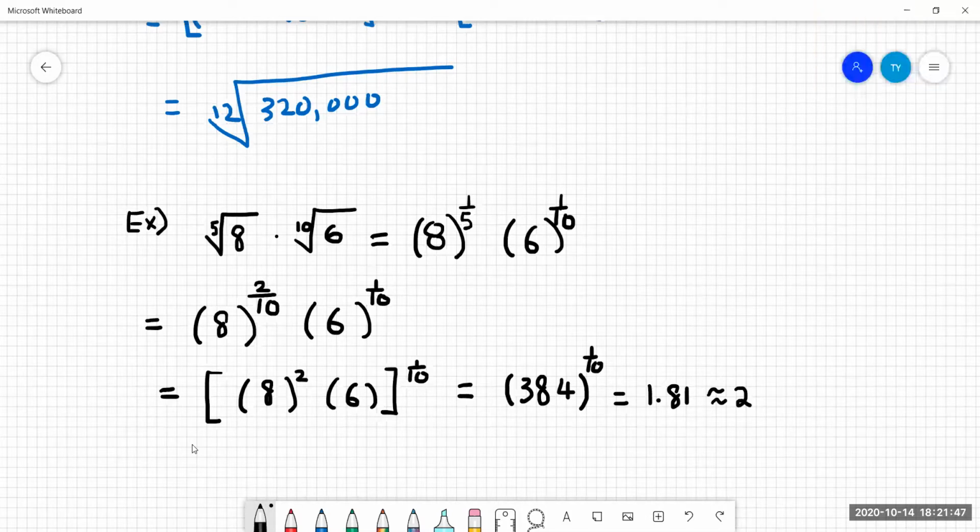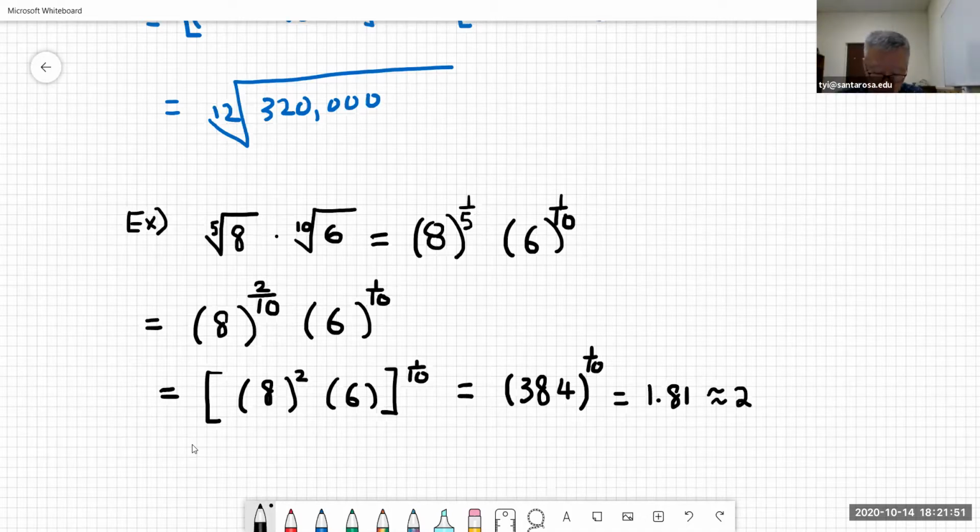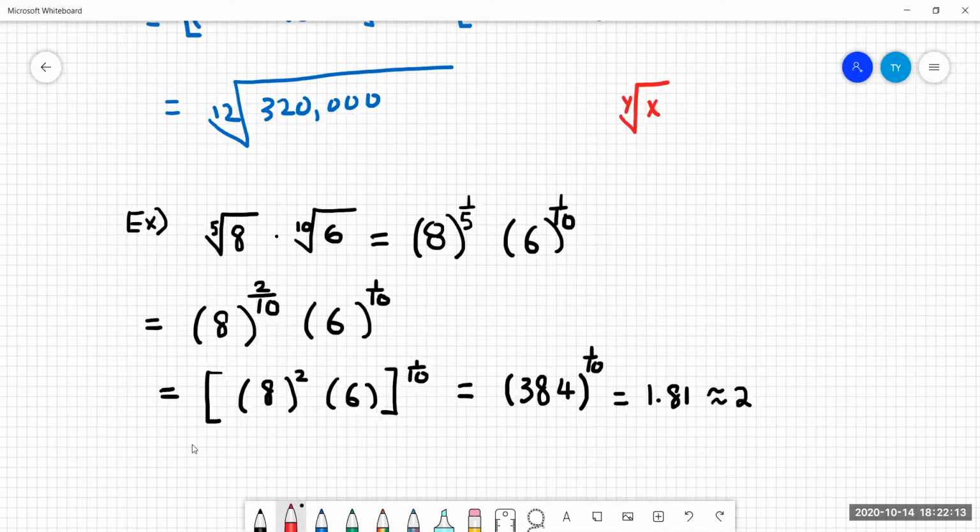I think so. But I don't know. If you have a calculator, you should have something like this on it. You're gonna have to push this. So you're gonna have to put 384, then push this one, then 10. Does that make sense? Yeah.